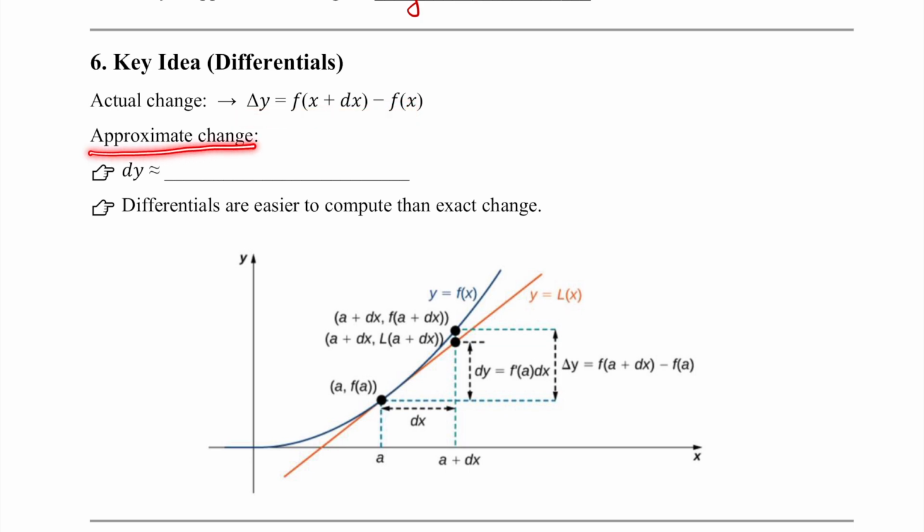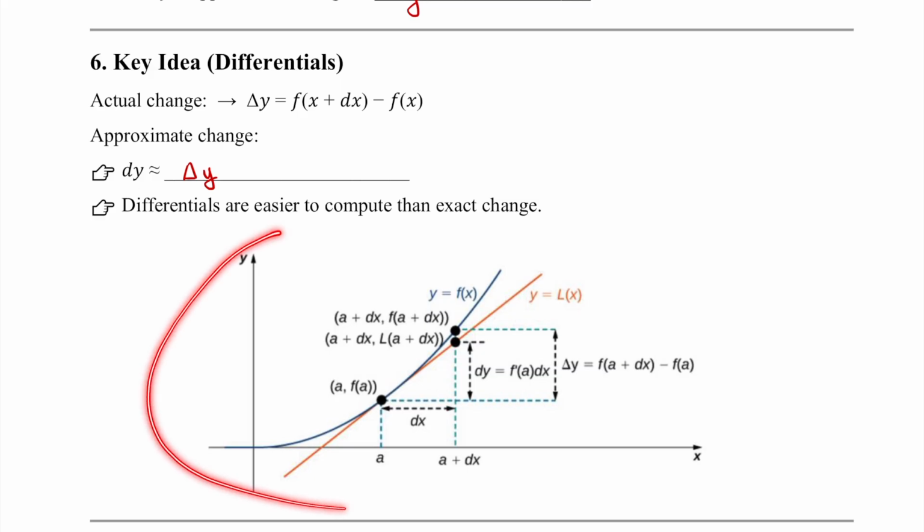The approximate change is the differential, which is dy. So dy is an approximation of delta y. And the reason we do this is differentials are easier to compute than the exact changes.